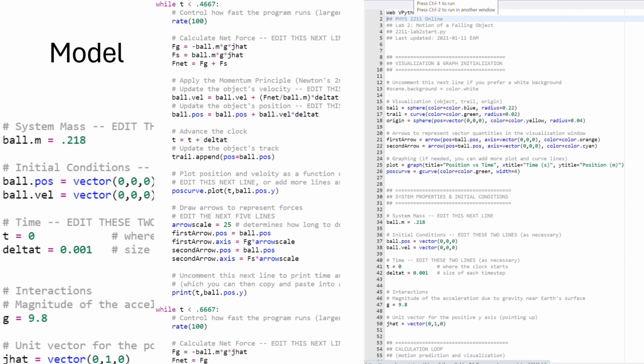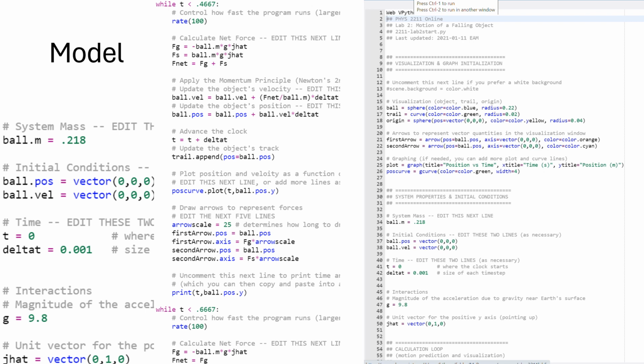So for the first 0.4667 seconds, the gravitational force is equal to the spring force, and all of that is listed here using the velocity formula and the position update formula. F net is equal to gravitational force plus spring force. They cancel out, they equal each other, and so on.